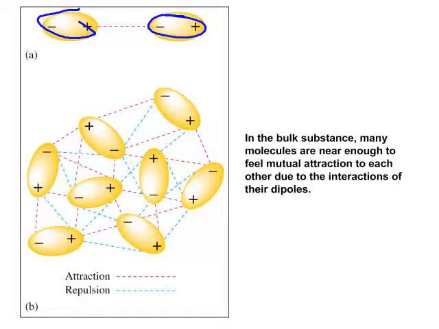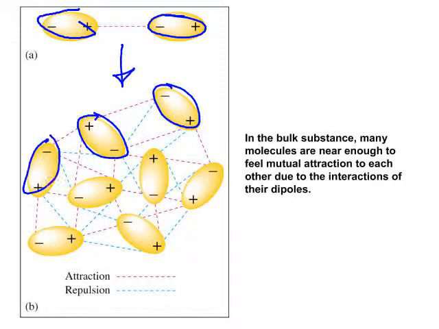For example, if we're looking at our glass of water, we have jillions and jillions of water molecules. If we're looking at a flask full of propane or dimethyl ether, we have a bunch of molecules near each other. So in the bulk substance, what you're going to see is something sort of like this: a whole bunch of molecules with a positive and negative end if they're polar.